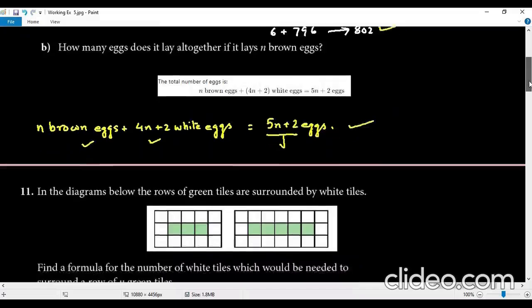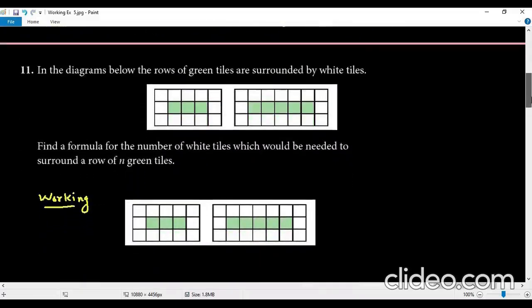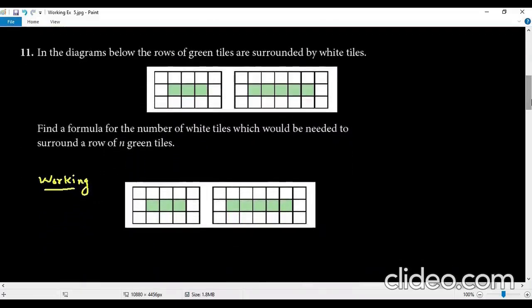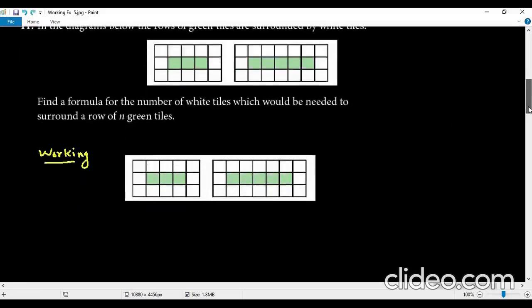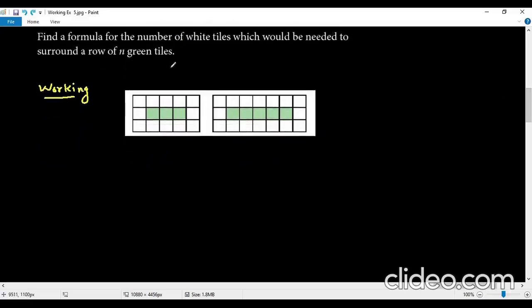Now, this is another question in which a little explanation is to be given. Now, to understand this question, you know very well, this is one green box. Okay, I'll explain in the box down below. Now, this is the white, this one is the green one, and green has one on top, one below, one top, one below, and one top and one below.